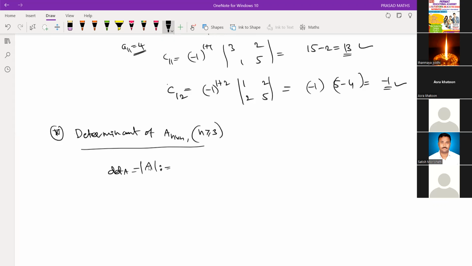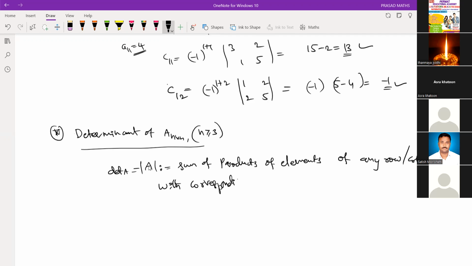So simply, sum of products of elements of any row or any column with the corresponding cofactors of that row or column, right?